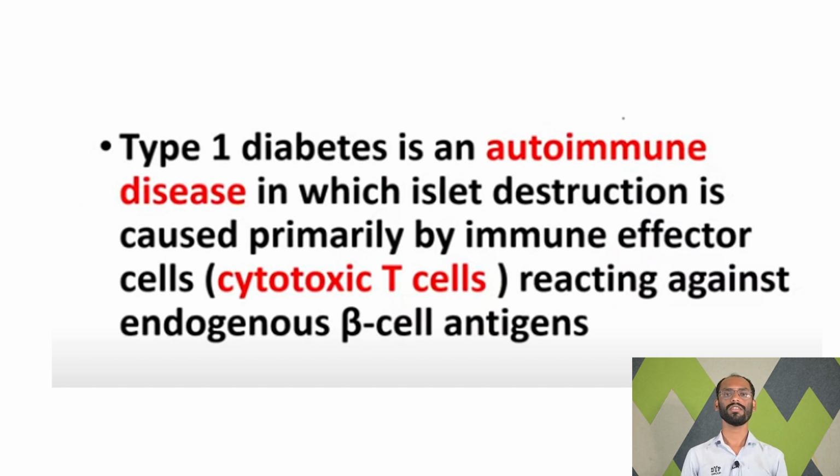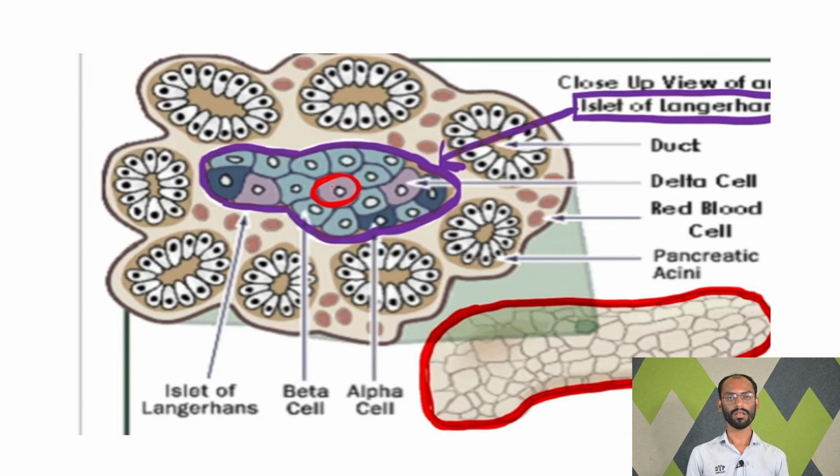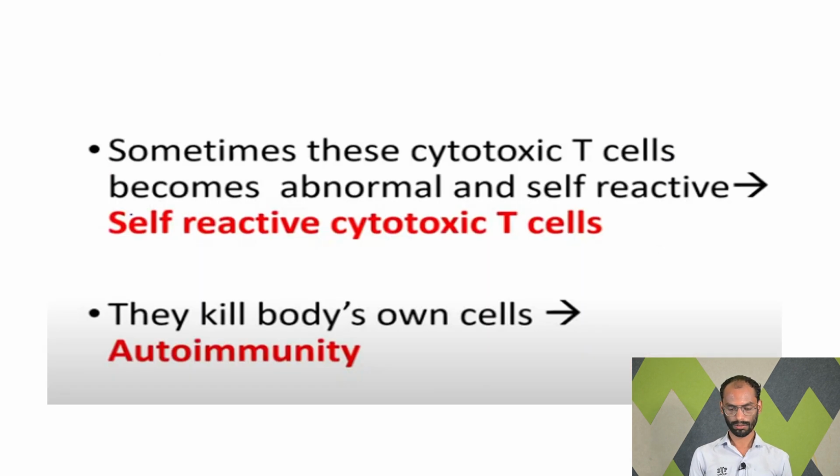In type 1 diabetes mellitus, these T cells work against our own beta cells of the pancreas, reacting to endogenous beta cell antigens. This is the overall diagram of the pancreas. As we see, there are islets, beta cells and delta cells. Sometimes the cytotoxic cells go mad and kill the body's own cells.